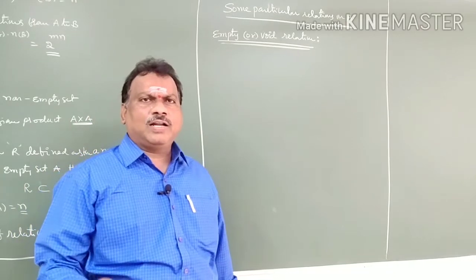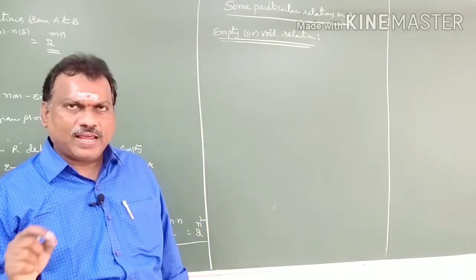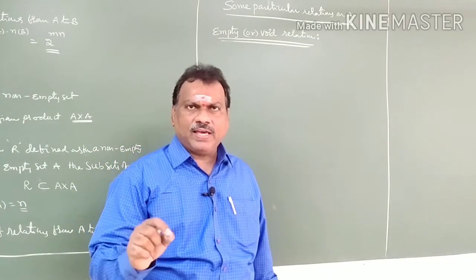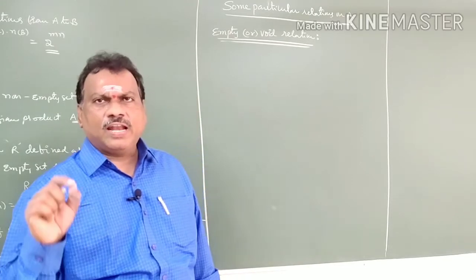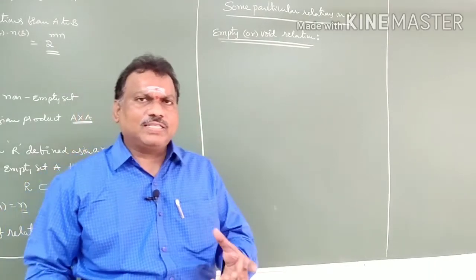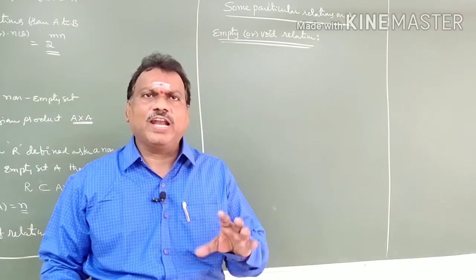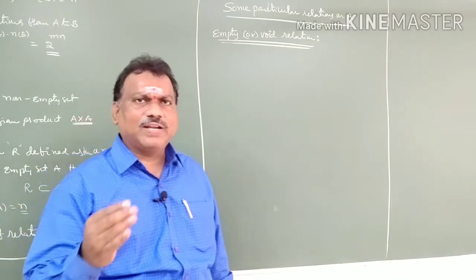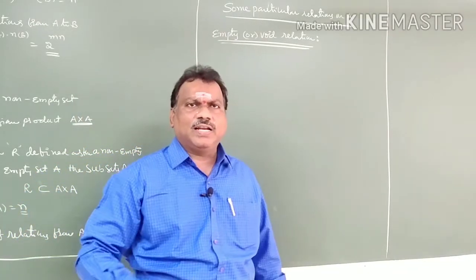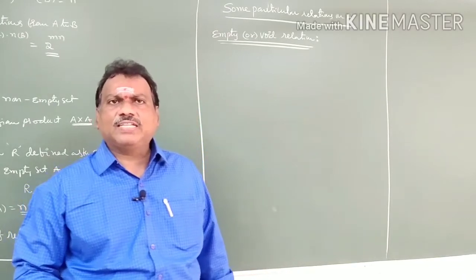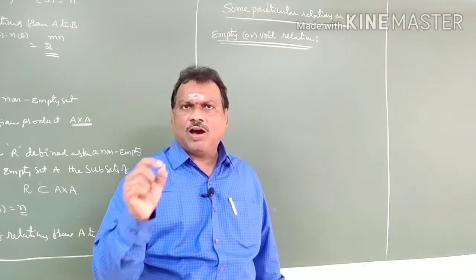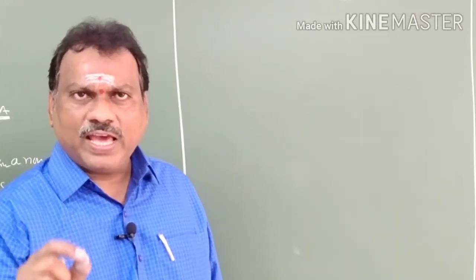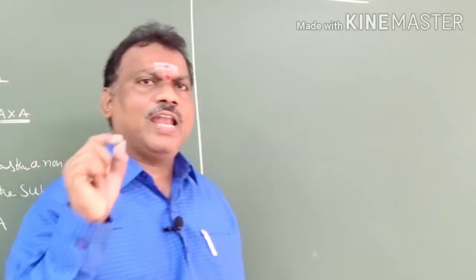A relation R on set A is said to be an empty relation or void relation if no element of A is related to any element of A. Generally, empty set means, you know, the set which contains no elements. That's why the empty relation is also known as void relation.